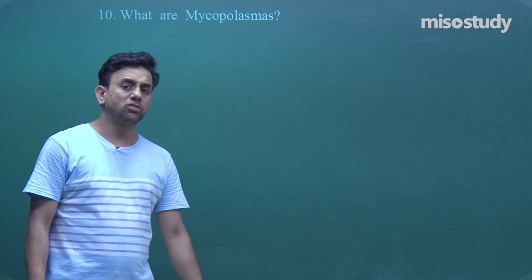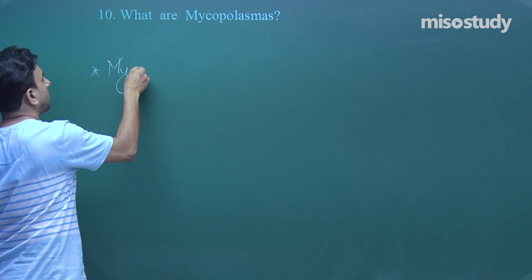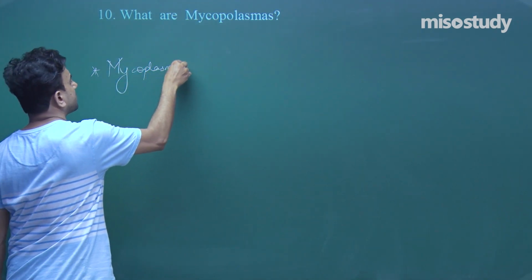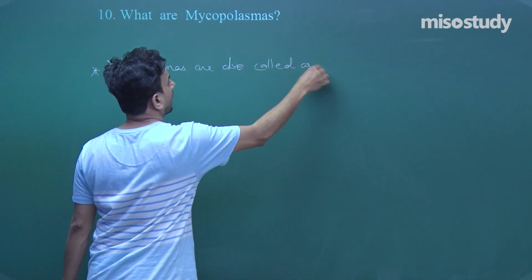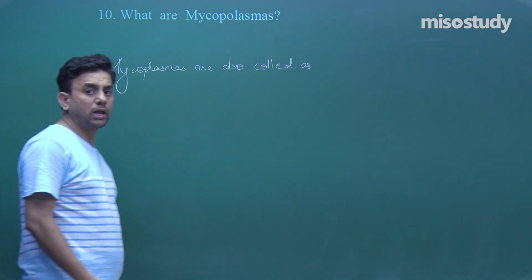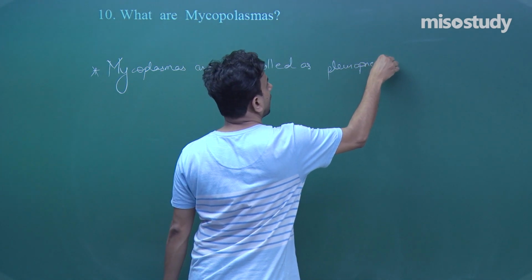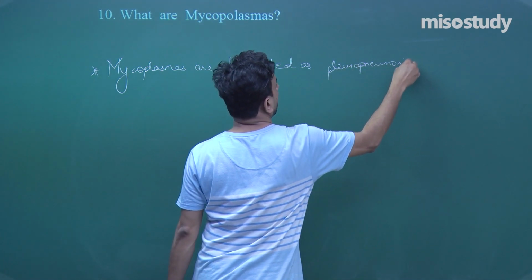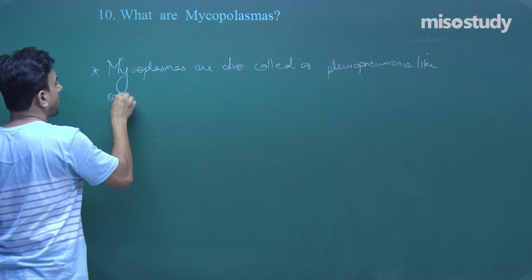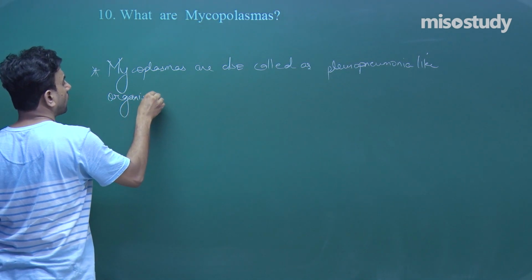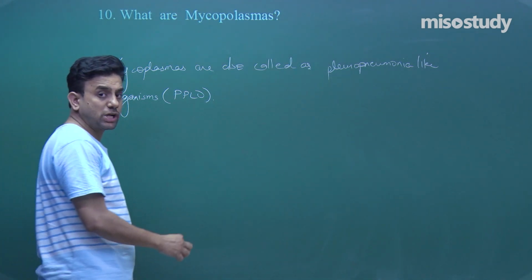The mycoplasmas are also called pleuropneumonia like organisms, PPLO.